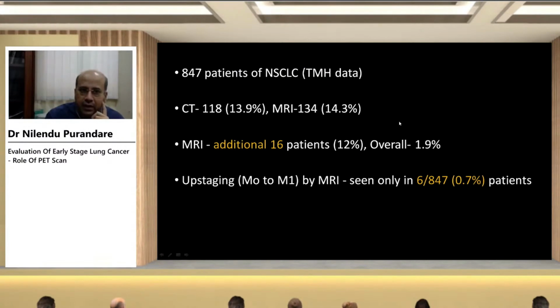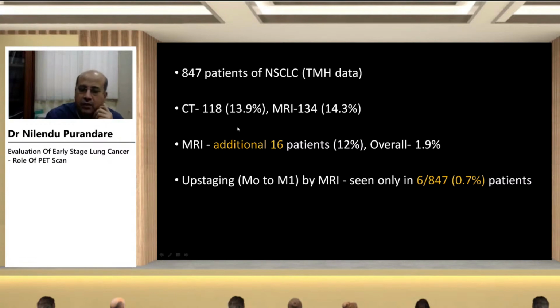When we evaluated our nearly 900 patients at Tata Hospital, where we compared the extended brain protocol of PET CT with MRI brain, we found that MRI detected metastasis in 12% more patients, that is, an additional 16% of patients as compared to the CT component of the PET CT.